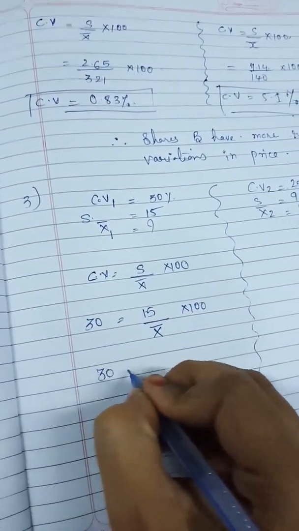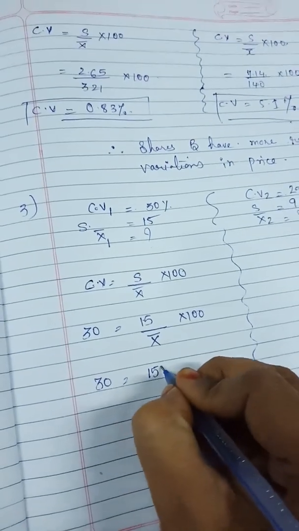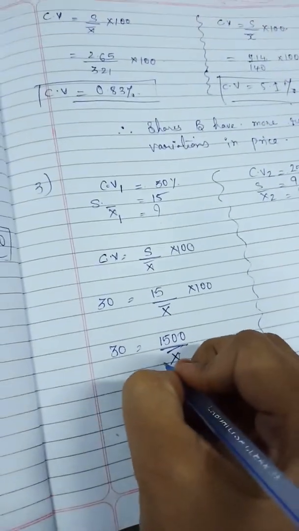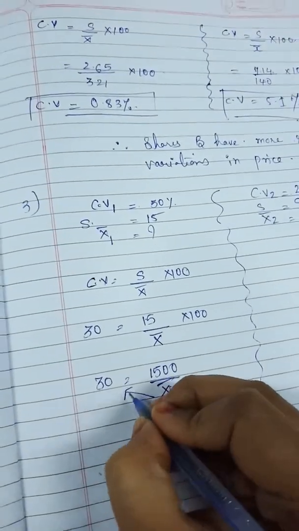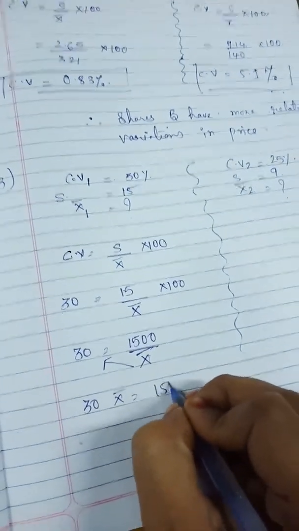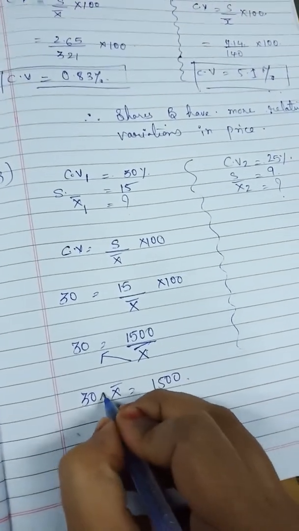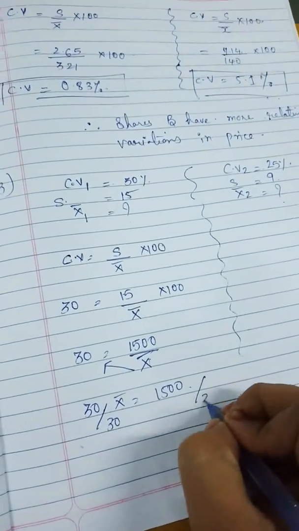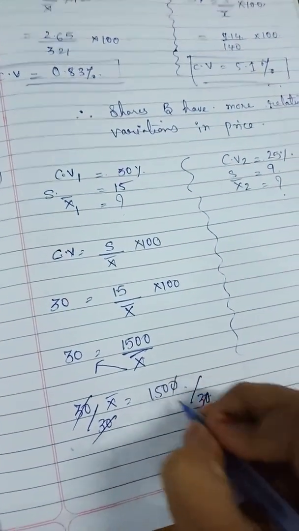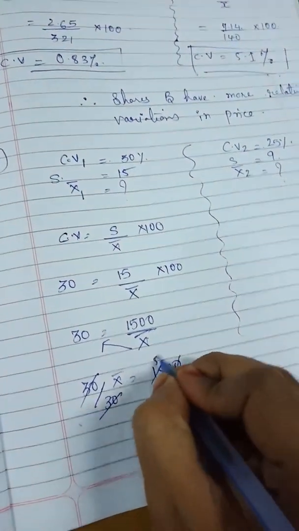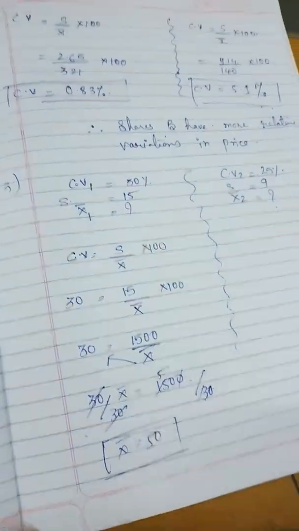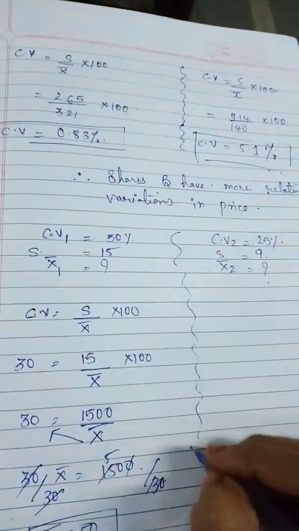So that is 30 equals 1500 divided by mean. Now mean will be going over this side. So 30 mean equals 1500. We only want the value of mean, so dividing 30 from both sides. 30 cancel, 0 cancel and 3 5s are 15. So mean is 50. Same way here.